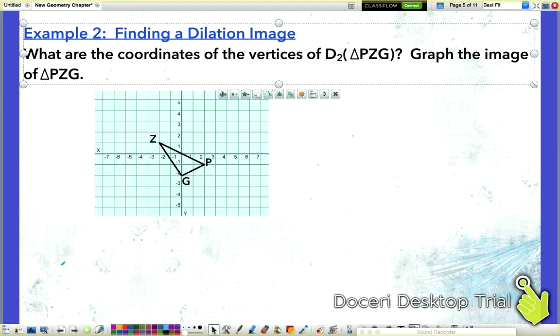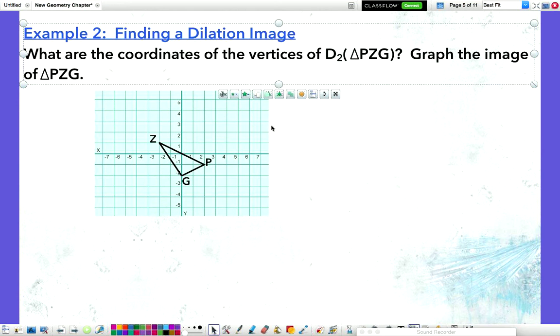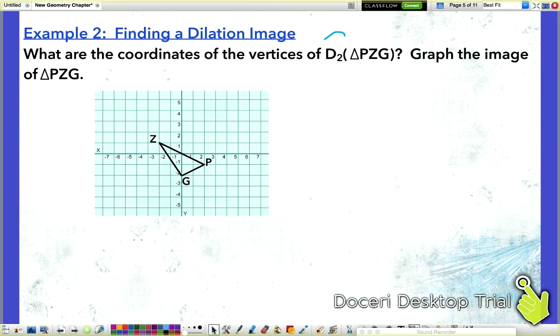They want me to dilate this by 2. So I've got the original figure, but I'm going to write the coordinates down of the original figure, and that'll help me to know what my new coordinates are.